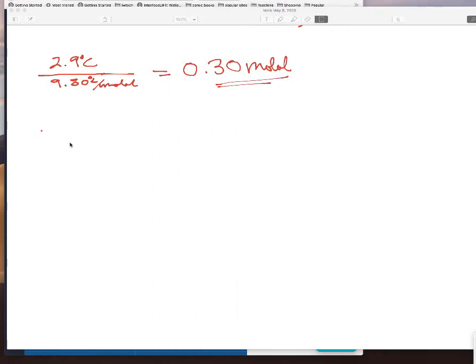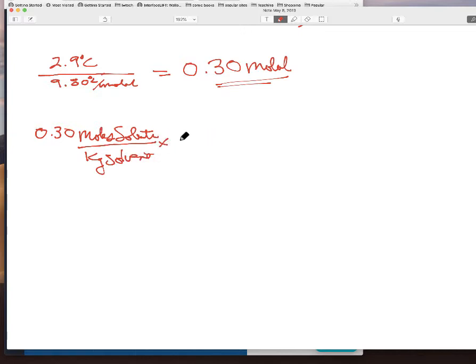So if we have 0.30 moles of solute per kilogram of solvent, and we multiply by the kilograms of solvent, which in our case was 0.0049843 kilograms of benzophenone, the kilograms cancel and we just get moles of the solute.